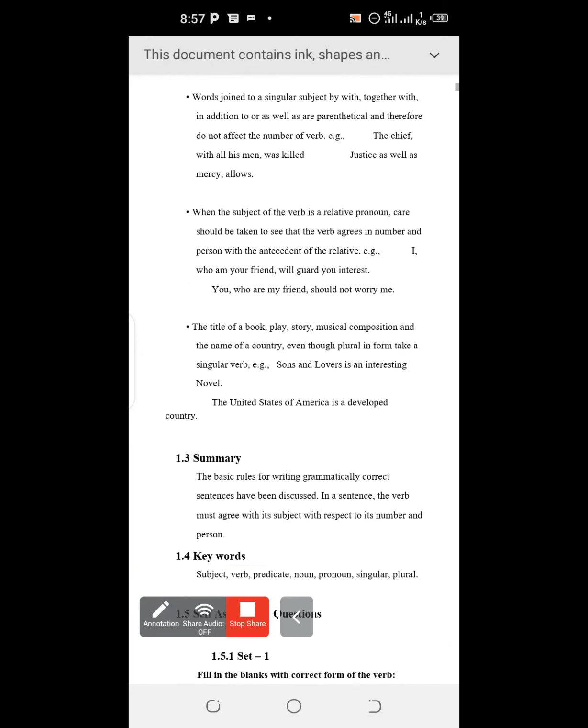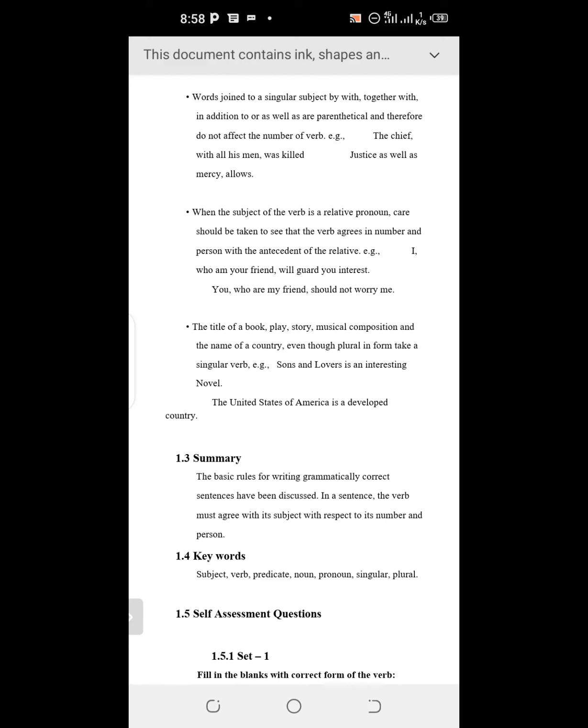When the subject of the verb is a relative pronoun, care should be taken to see that the verb agrees in number and person with the antecedent of the relative. For example, I, who am your friend, will guard you in trust. So this is about the subject of a relative pronoun in an adjective clause, that sometimes we add further information about the subject.